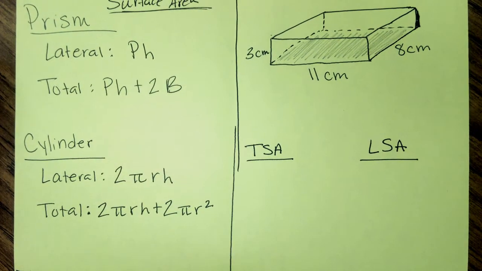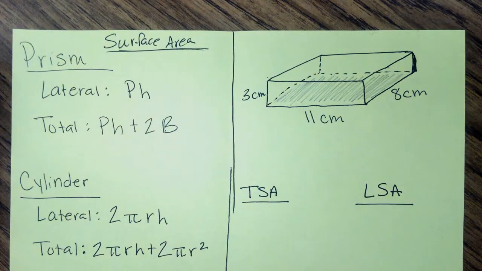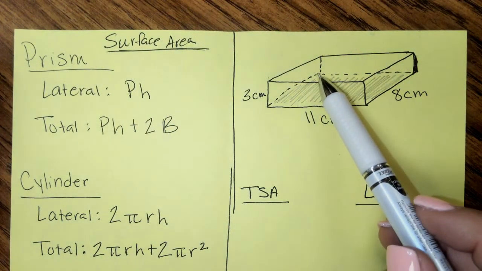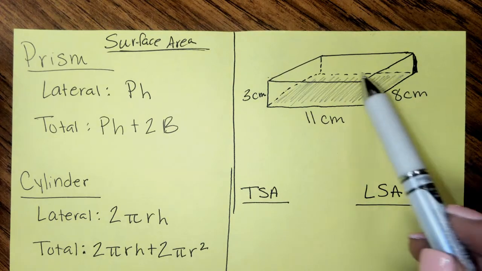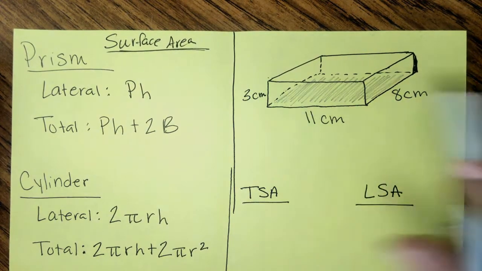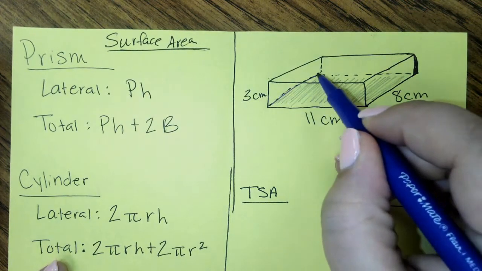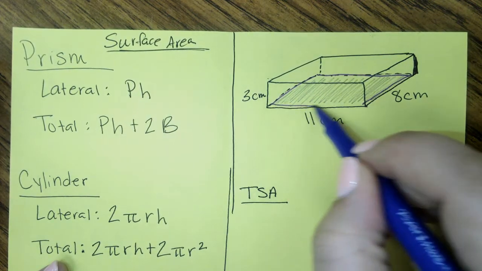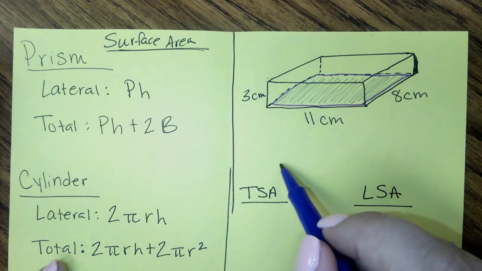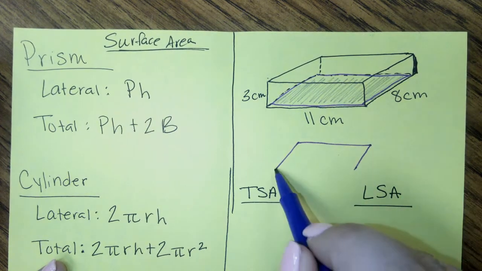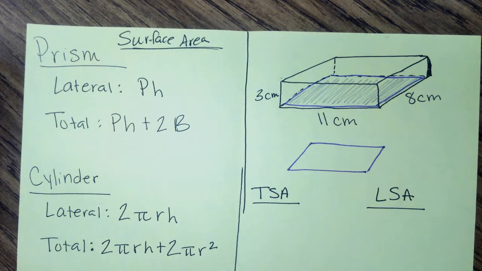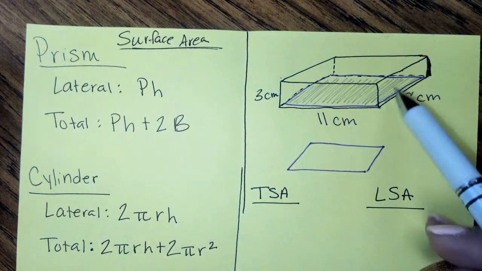The first thing we're always going to do is redraw the base, and they've actually shaded the base for us on the bottom here. So I'm redrawing as best as I can this rectangle. Off to the side, I'm going to redraw that rectangle. It looks kind of just like this.